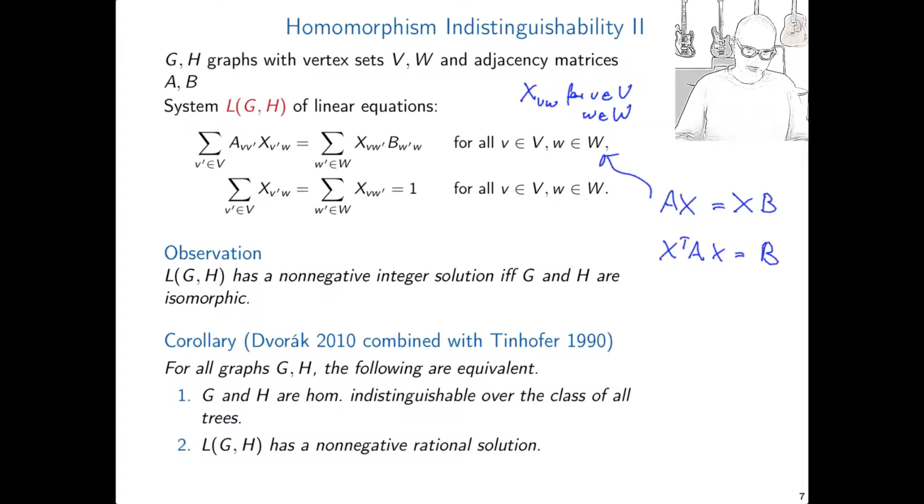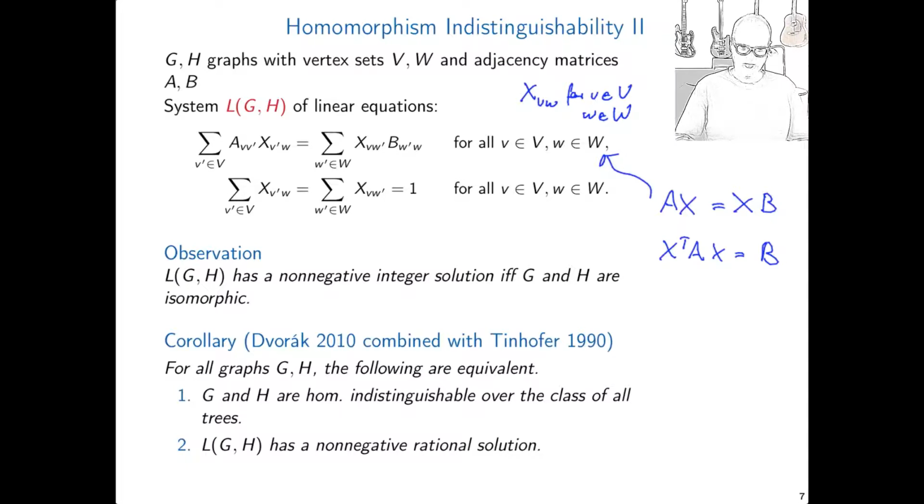Okay, and here's a very nice consequence of Dvorak's result from the previous slide. Actually, when we combine it with an old characterization of the one-dimensional Weisfeiler-Leman algorithm due to Tinhofer, it says that graphs G and H are homomorphism indistinguishable over the class of all trees if and only if this system of equations has a non-negative rational solution.